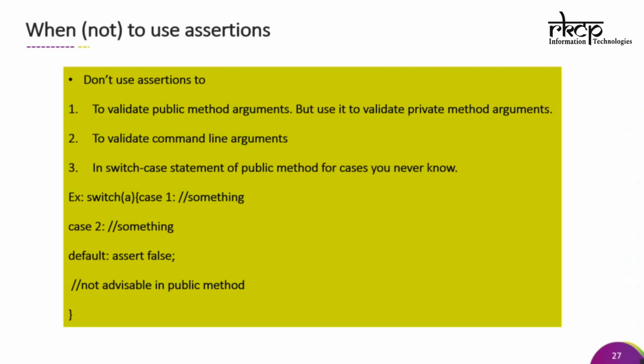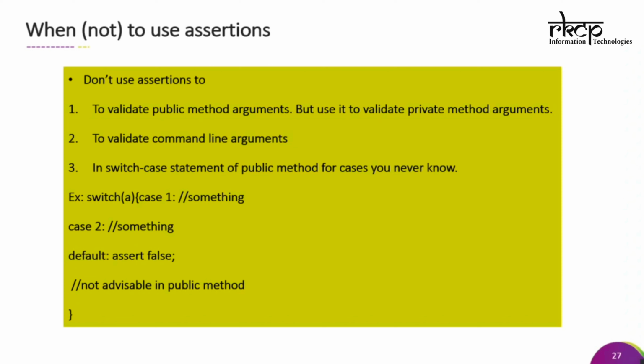Most of the time you use this assertion part in testing. Inside testing, your request will go, and you need to know whether the result it gets is correct or incorrect. For that purpose we are using assertion.